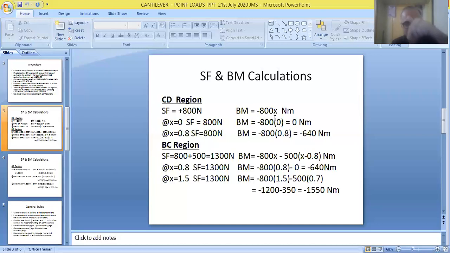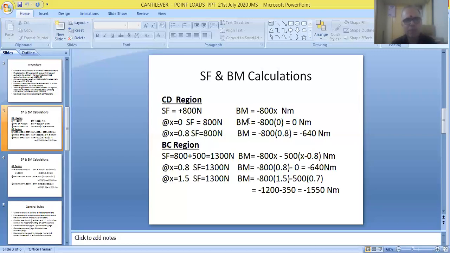Therefore, the beam has a tendency to move in clockwise direction. So it is a clockwise movement, and a negative symbol must be allotted to this value. So it is written as minus 800x.